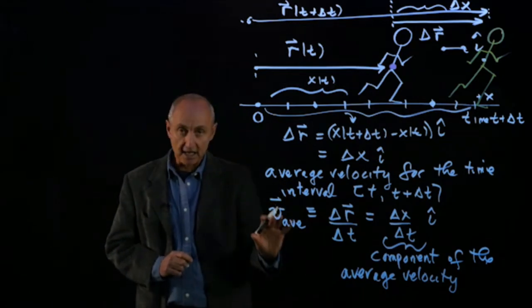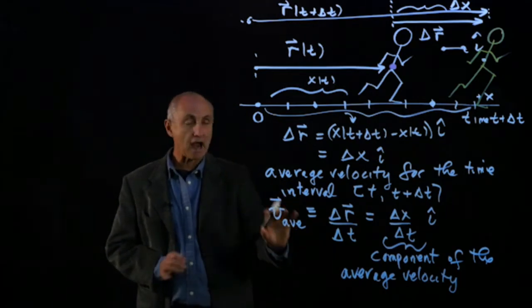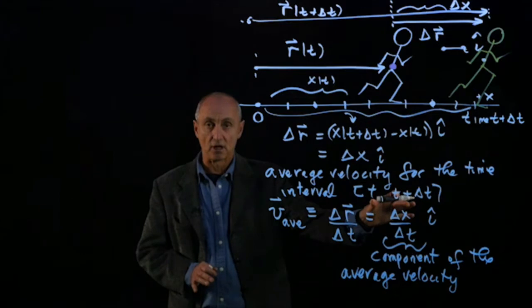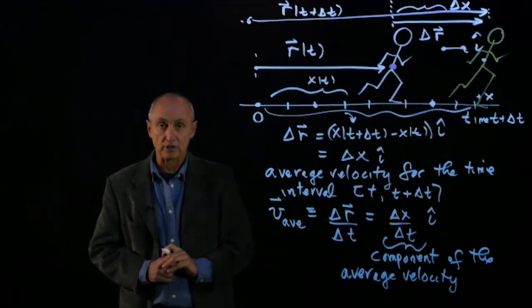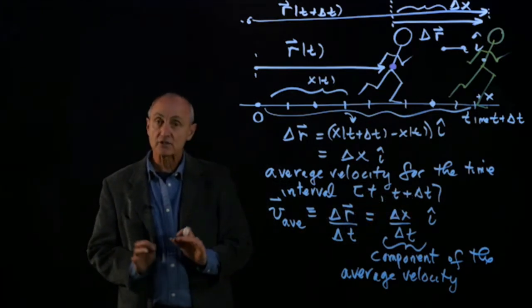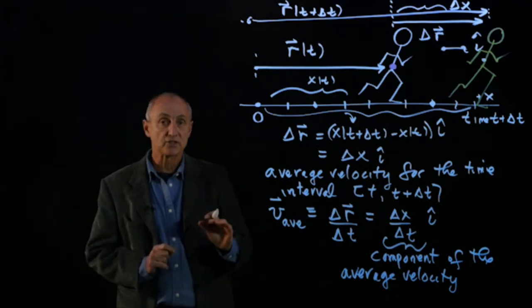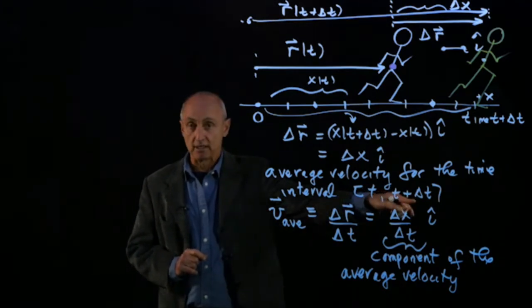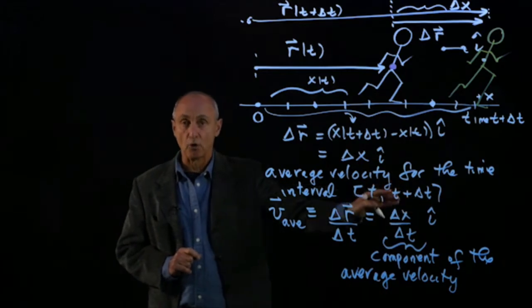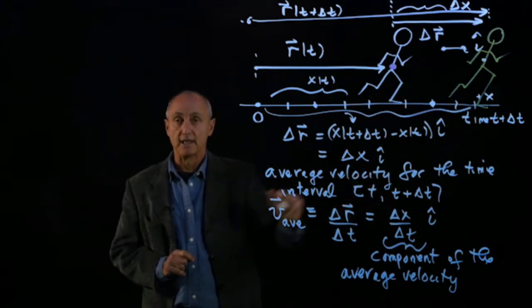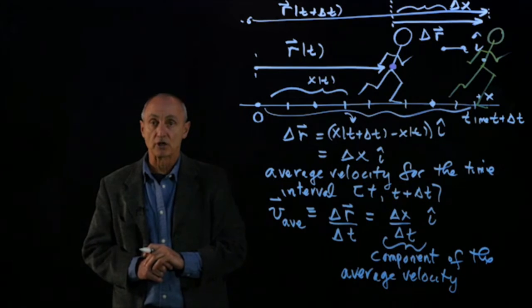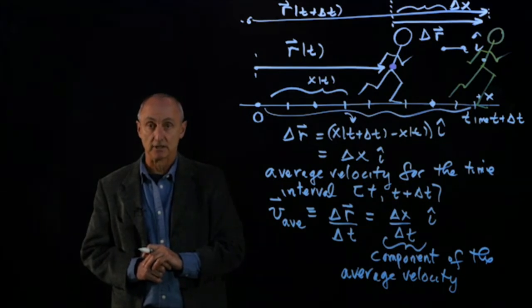The key point here is that average velocity depends on whatever time interval you're referring to. So that's our definition of average velocity. And now what we want to do is consider what happens in the limit as delta t becomes smaller and smaller. And that will enable us to introduce our concept of instantaneous velocity.